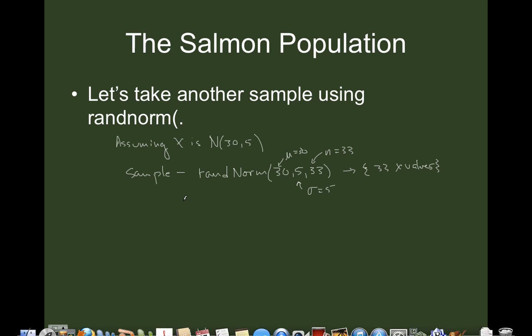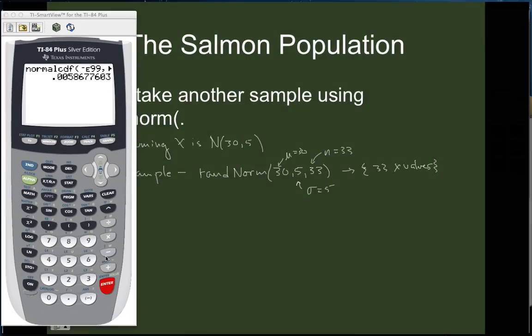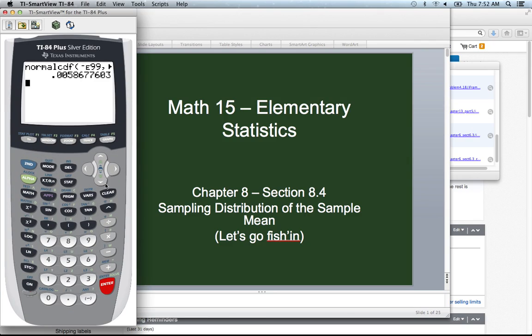So let me go to the calculator. If I go to math, go to PRB, choose randNorm, 30 is the mean, and again, this is by assumption, but remember, we're modeling the null hypothesis, so it's okay. There is one issue here, and that's the sigma, but I'll talk about that later.